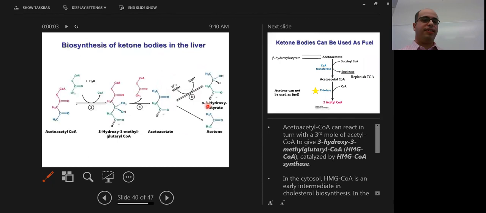So that acetoacetyl-CoA can go through a series of reactions, which we're not going to talk about all of the chemistry and the enzymes involved in, but it will produce a lot of intermediates until it gets to here at the very end, our acetoacetate and our hydroxybutyrate and acetone.